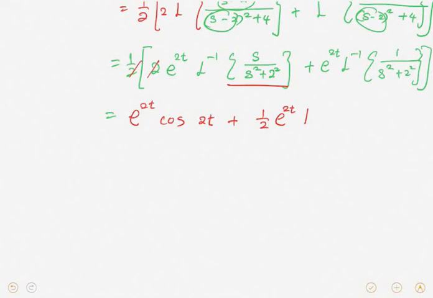This one, okay, we need to change to a sine form. Okay, sine at is equal to a over s squared plus a squared. So we need to divide by 2.